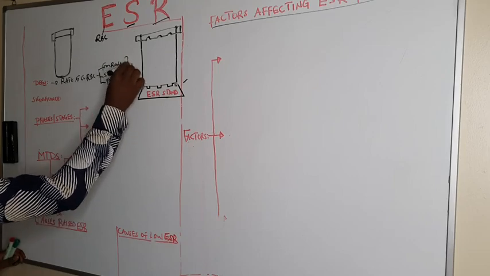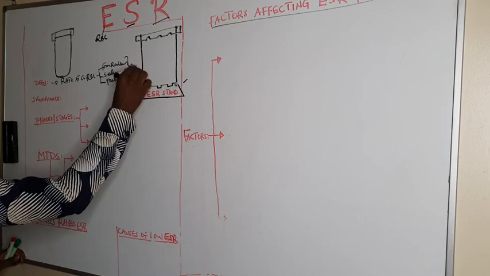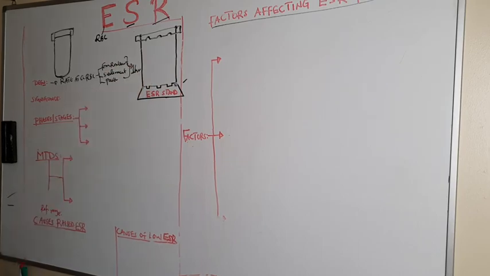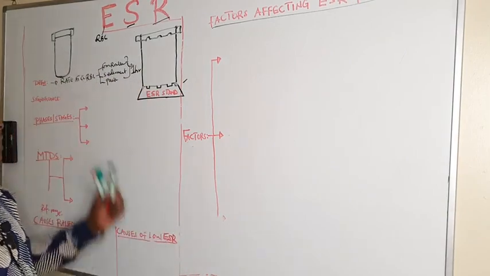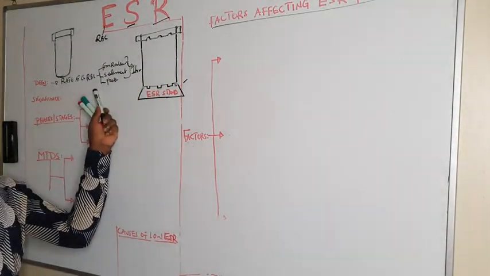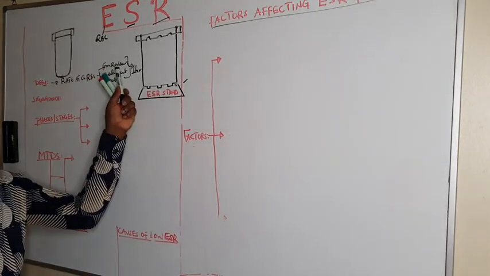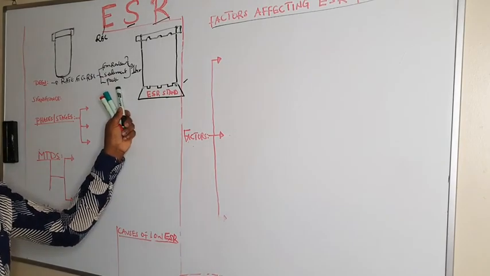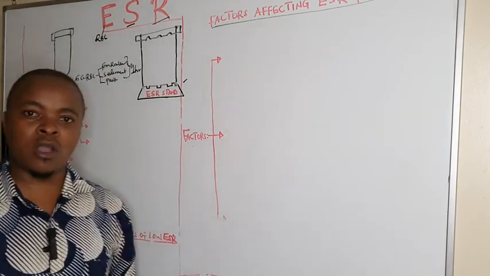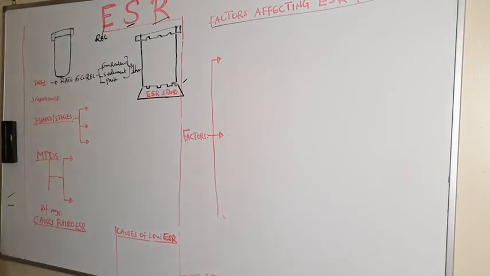And this occurs within 1 hour, that is 60 minutes. It is the rate at which red blood cells are able to form rouleaux, sediment, and pack in a tube for 1 hour when left undisturbed.